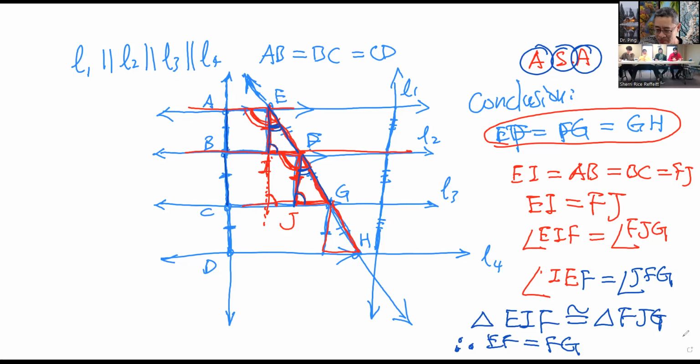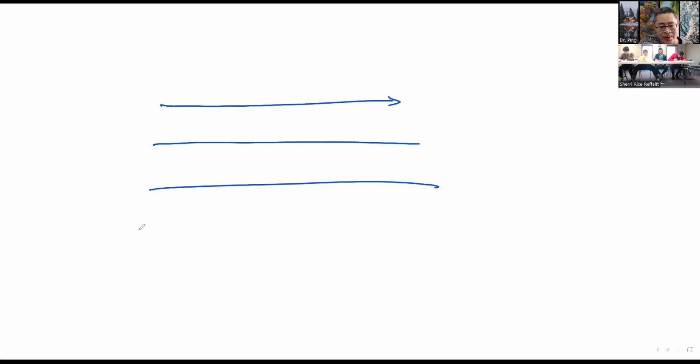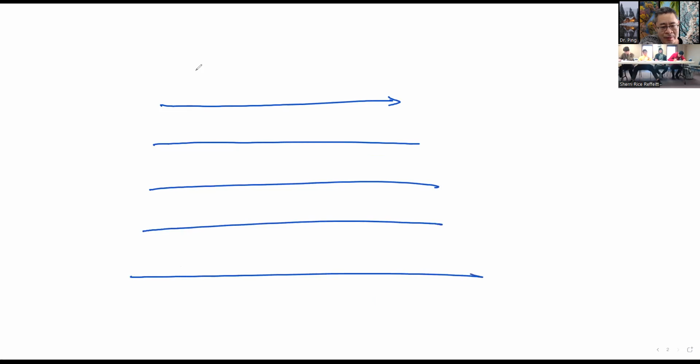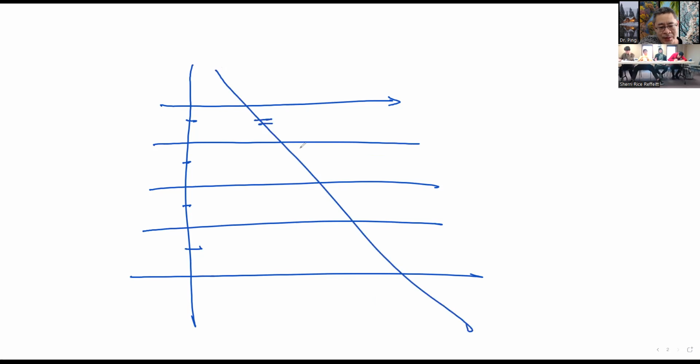And it doesn't matter how you do it. Doesn't matter how many parallel lines. Let's say if you put this line here, and this is congruent to this line segment, all congruent, then no matter how you draw it, this is congruent to this line. We are not saying this is the same as this length.